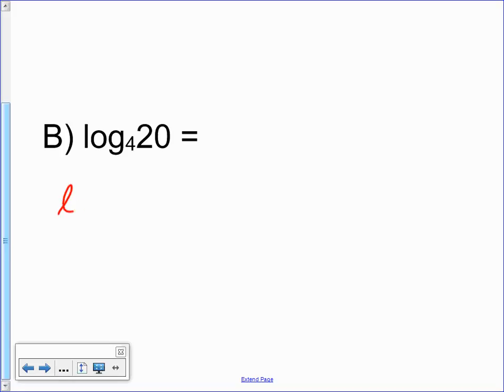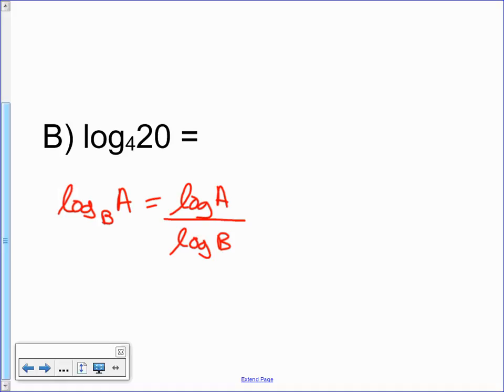Let's say you have the log of a base that gives you the answer. The change of base formula says that you can just take the log of the answer divided by the log of the base, given that both logs are base 10. Base on the bottom.